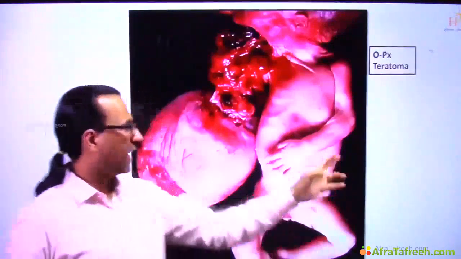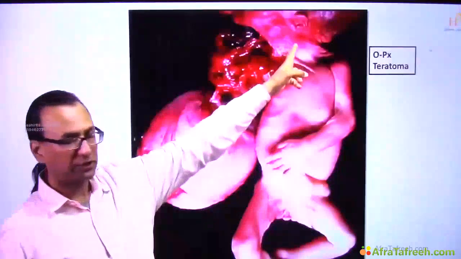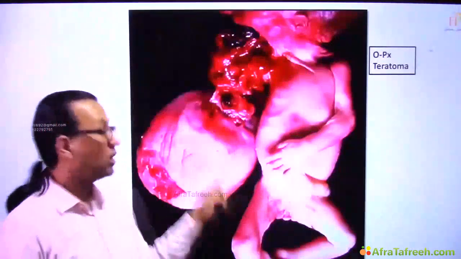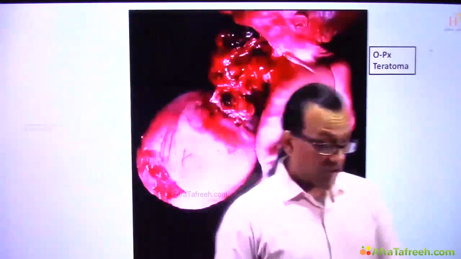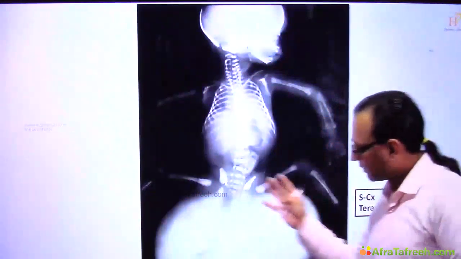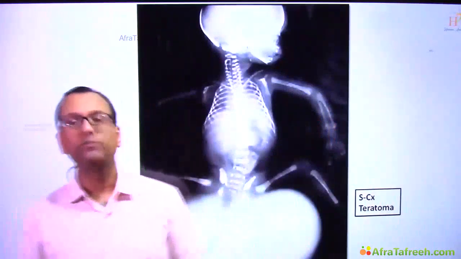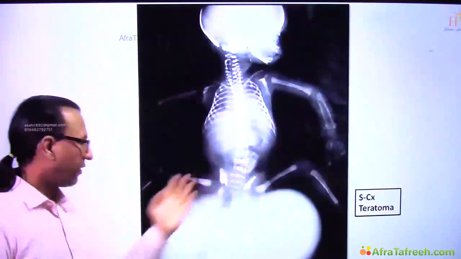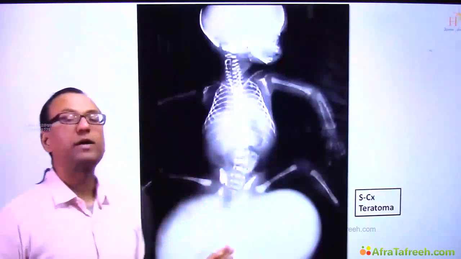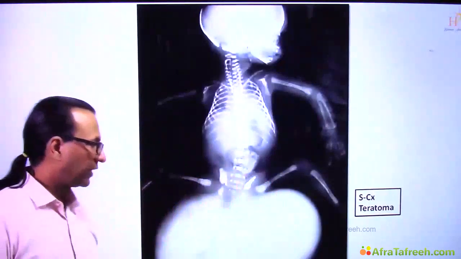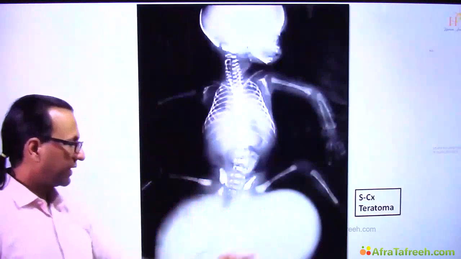What if they have migrated towards the oropharynx? Then you get an oropharyngeal teratoma. Or sometimes the primitive streak is supposed to disappear, but if it persists, then primordial germ cells persist and they can form a tumor, like this tumor at the tail of the baby, a sacrococcygeal teratoma.